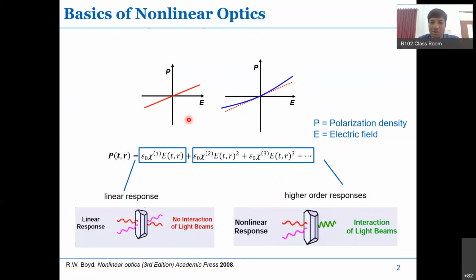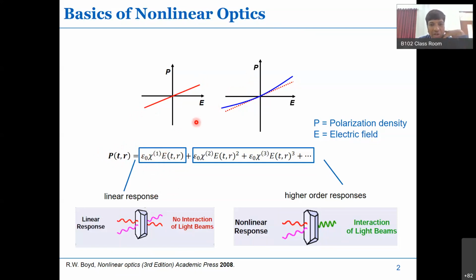Okay. So if you plot a graph between the polarization density and the electric field, and it forms a linear line, then it is called basic linear optics. If the polarization density is directly proportional to the electric field, then it's called linear optics.